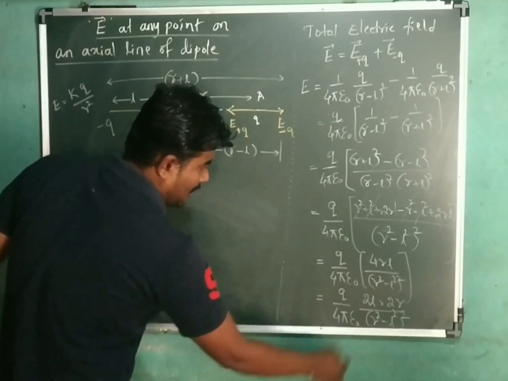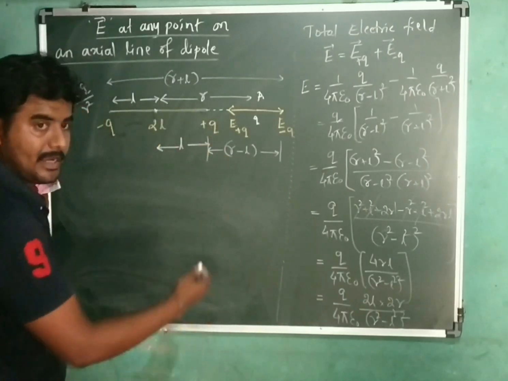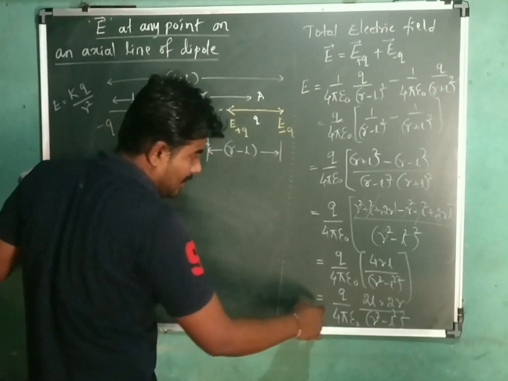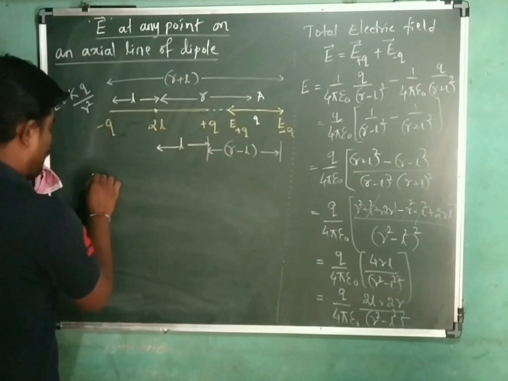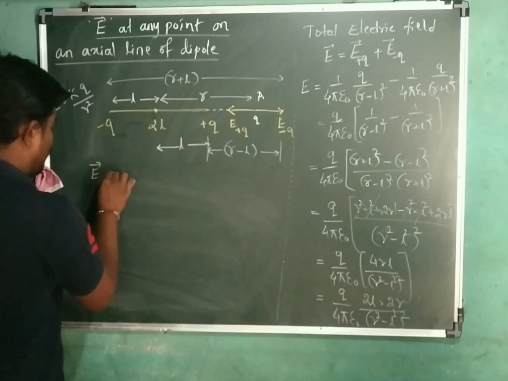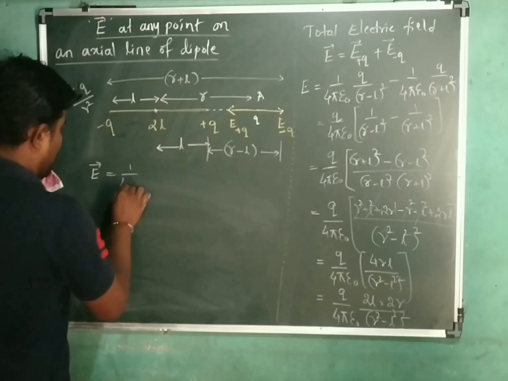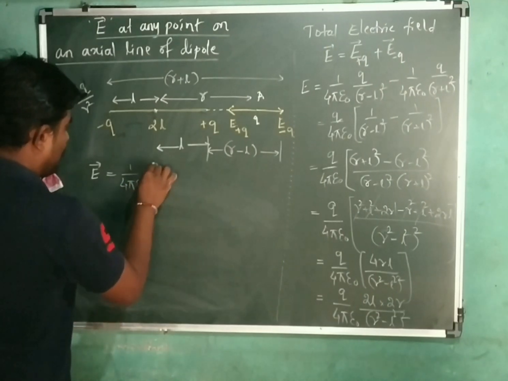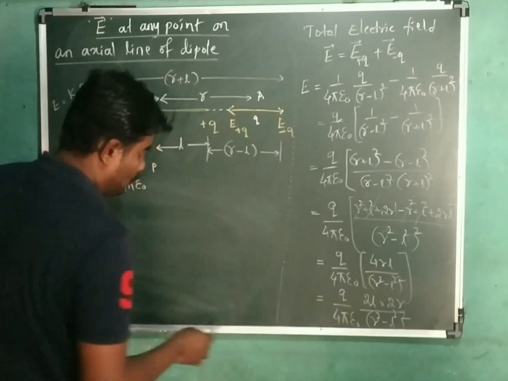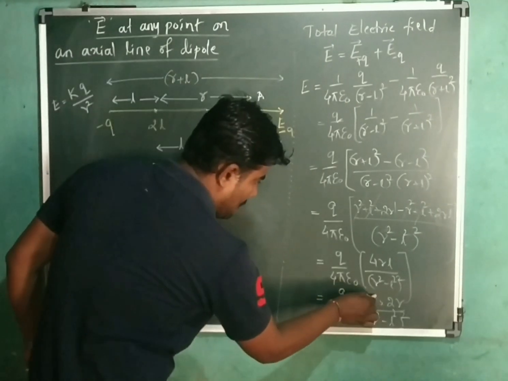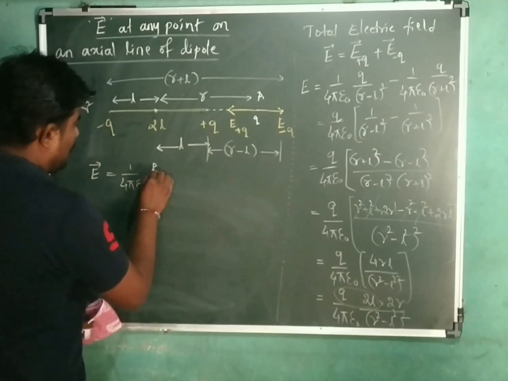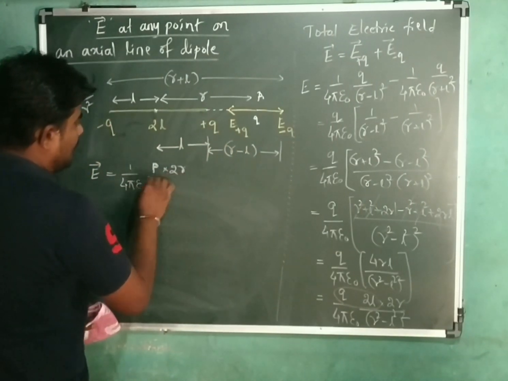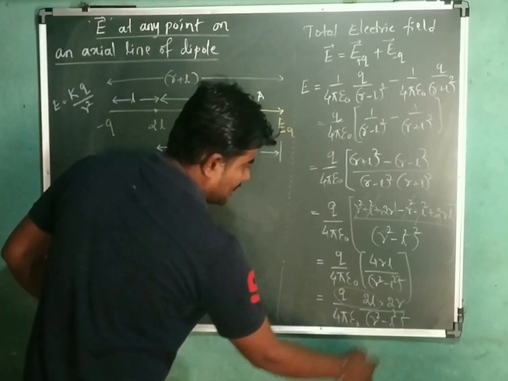See, Q into 2L is what? It is P, the dipole moment, because dipole moment is the product of charge and distance. Therefore electric field E is equal to 1 divided by 4 pi epsilon naught, P into 2R divided by (r square minus L square) whole square.